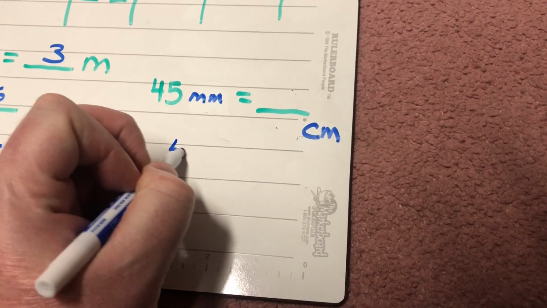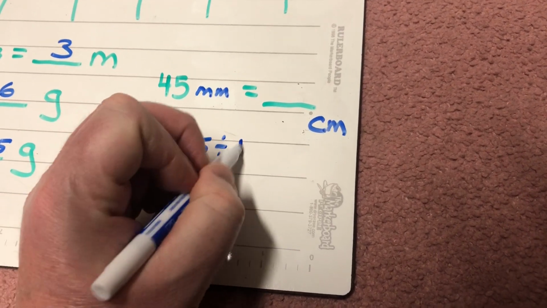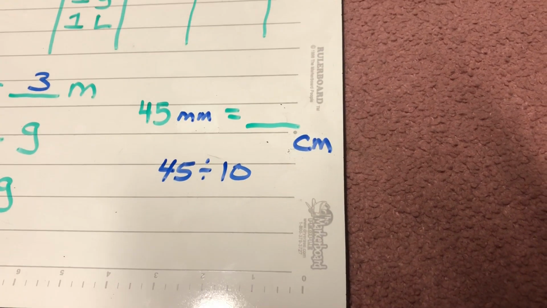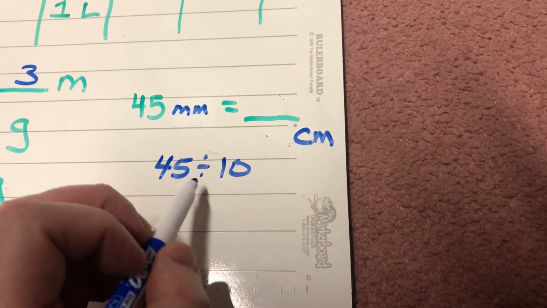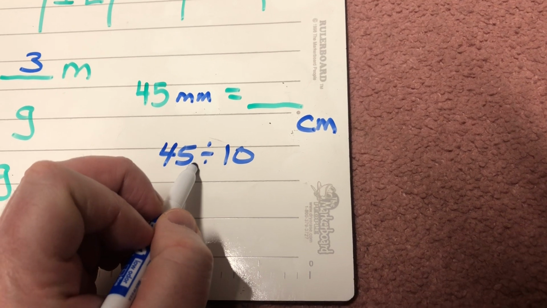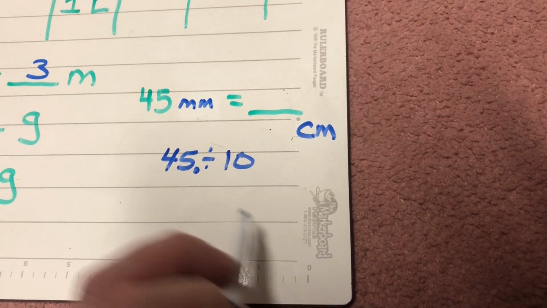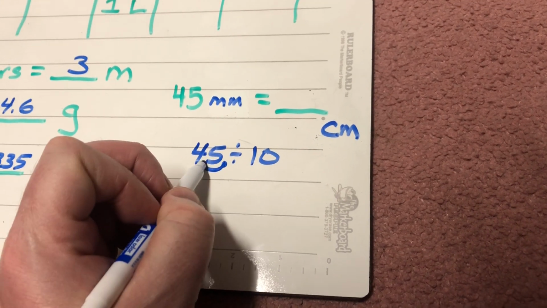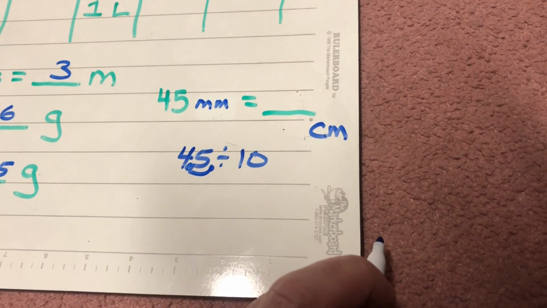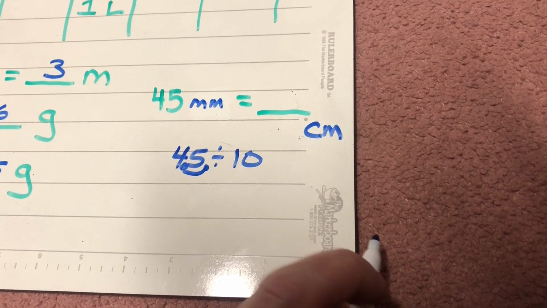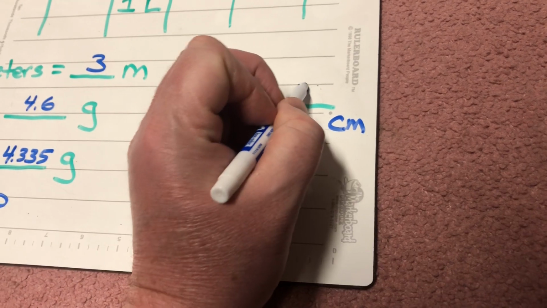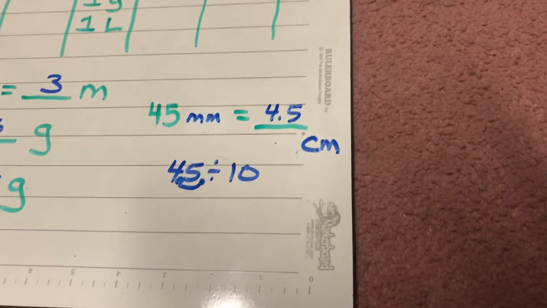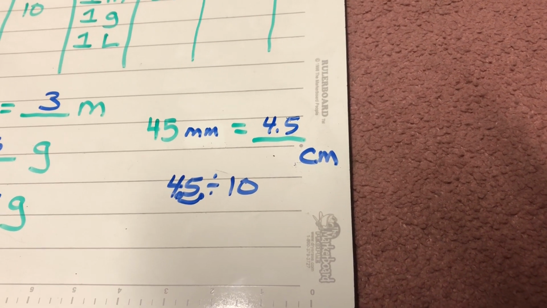So this is going to be 45 divided by 10. There's no decimal in 45. I take the decimal, I'm going to move it 1 place to the left, 4 and 5/10. 45 millimeters equals 4 and 5/10 centimeters.